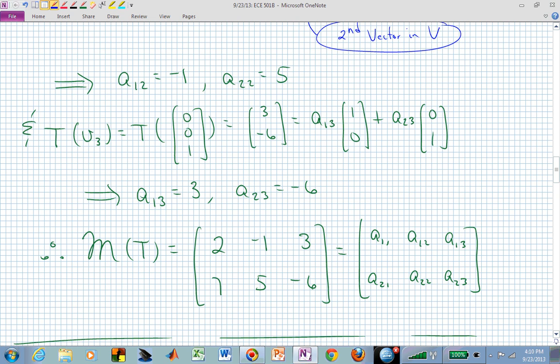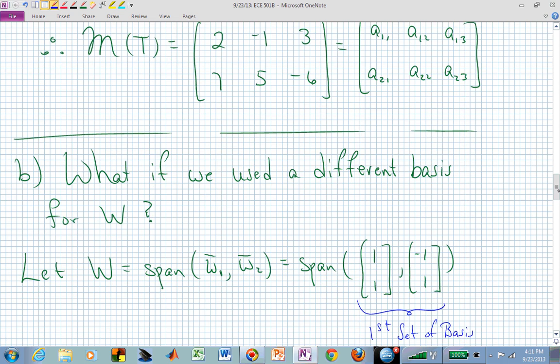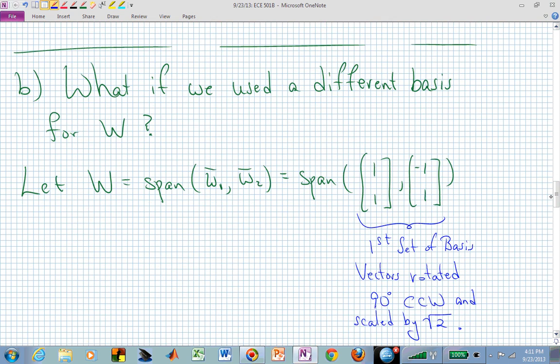And I think we quickly wrote that matrix down last time in the lecture. But what if we looked at a slightly different set of basis vectors for the output space? These 2 vectors, W1 bar and W2 bar: your standard basis was the x-axis and the y-axis. If you now rotate that, I shouldn't have said 90 degrees, I should have said 45 degrees.